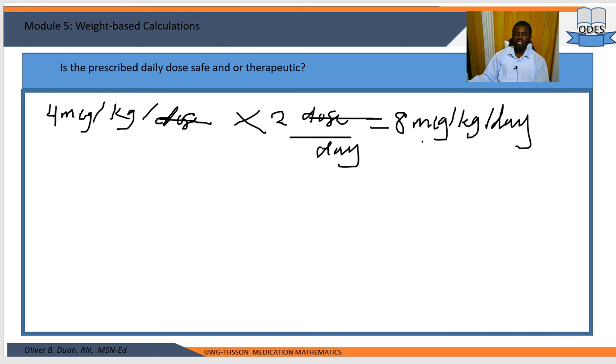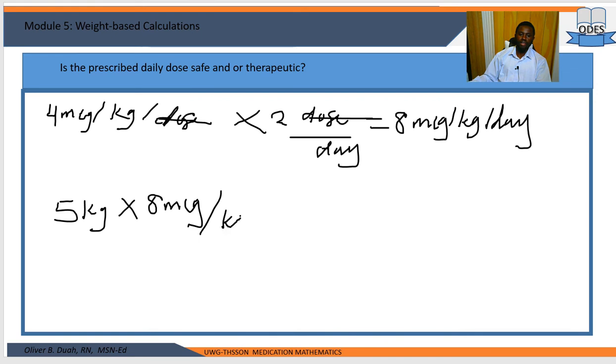Now let's see if this dose is safe. To find the daily dose, we will just multiply the client's weight, which is 5 kilograms, by our daily dose. And so we have 5 times 8 micrograms per kilogram per day.